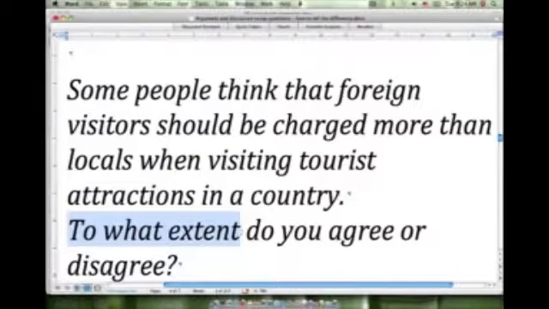So when you get a question that says, to what extent do you agree or disagree, unless you're really confident in your writing, I would suggest just choosing to write an argument essay as an agreement to the argument posed, or a disagreement to it. Okay, let's take a look at another one.